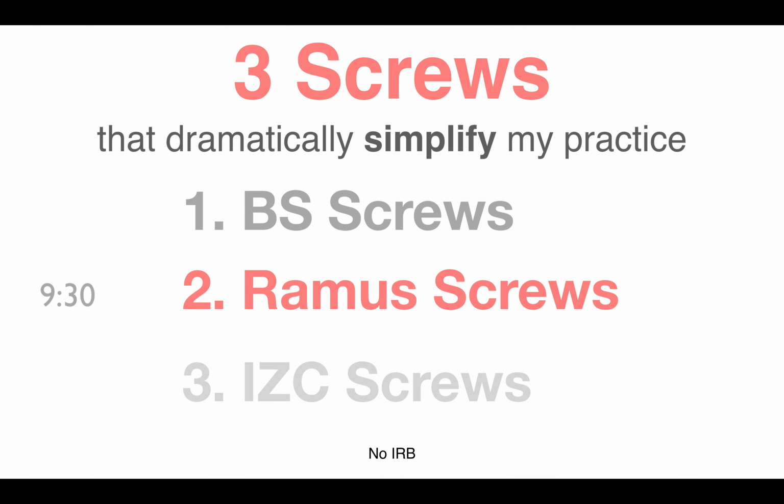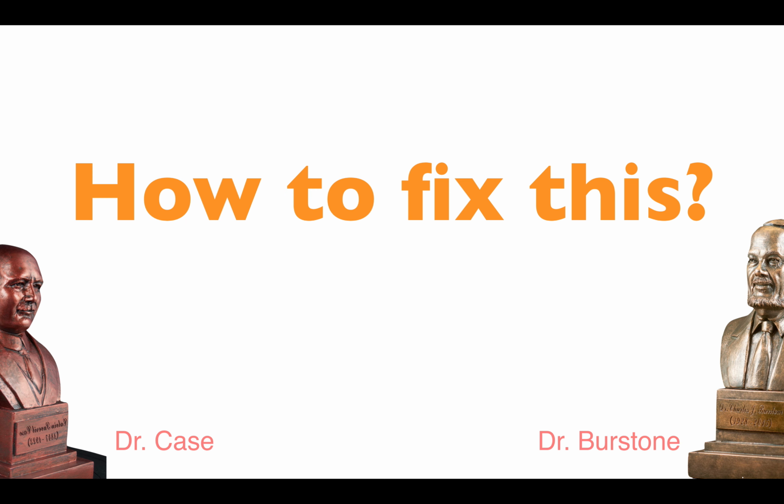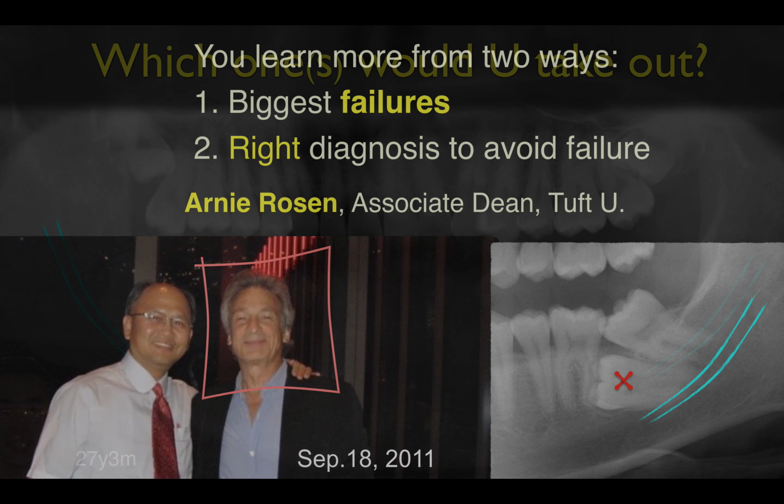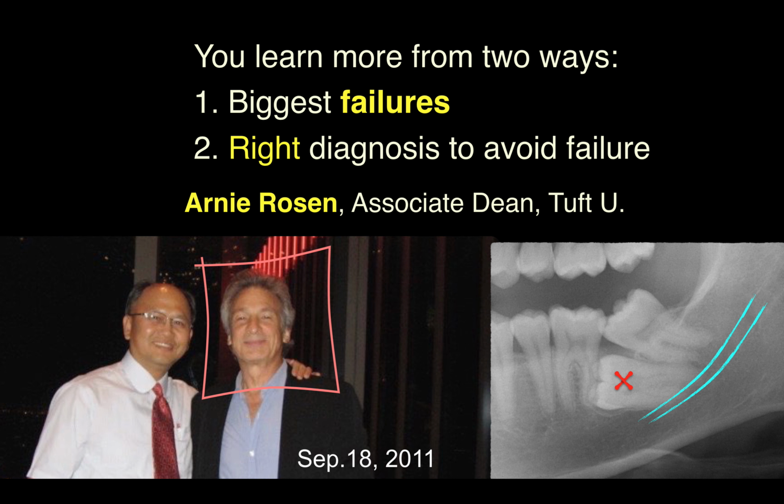The second screw I would love to share with you is the ramus screw. And how would you fix a case like this? Which one would you take out? Think about it. You need to deal with the mandibular canal. If you take out the second molar and upright the third molar, you might tear the nerve. I already showed you the story 2 years ago.